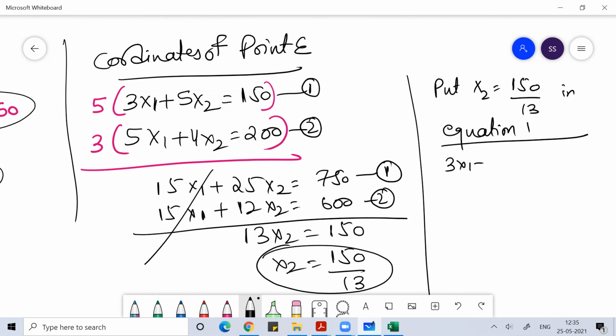Equation 1 is 3x1 plus 5x2 is equal to 150. So 3x1 plus 5 times 150 by 13 is equal to 150.